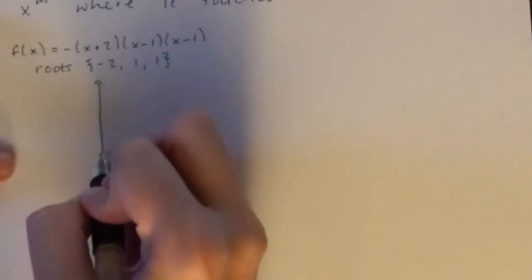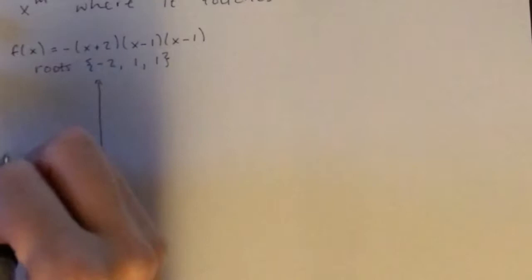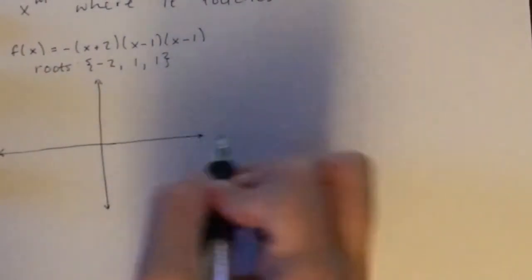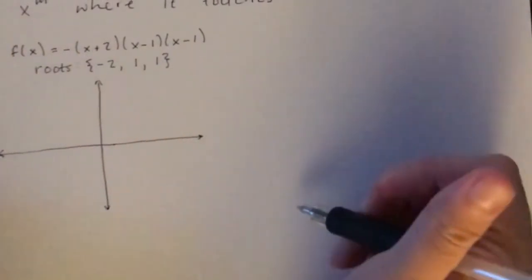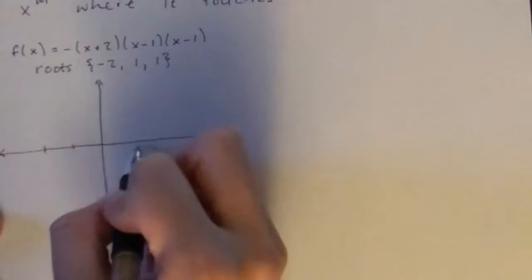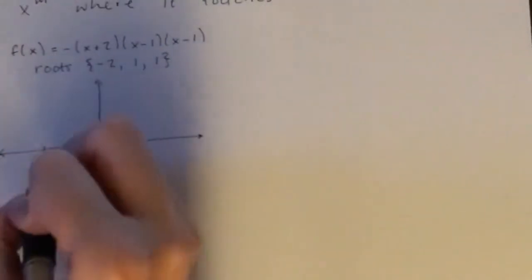The graph of this function, you don't have to know how to graph these yet. We will do that later in the semester, but as of right now, we just want to look at the graph and see how it relates. So this graph looks like this.